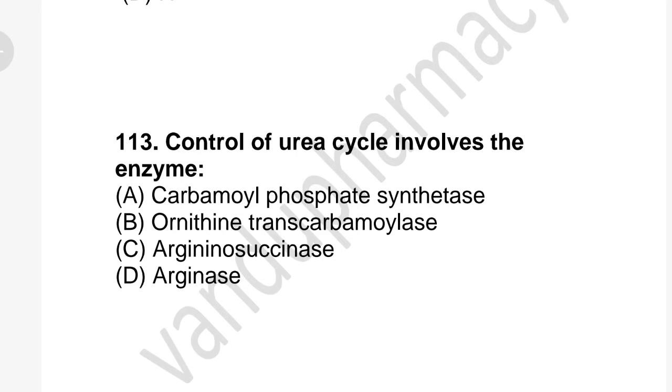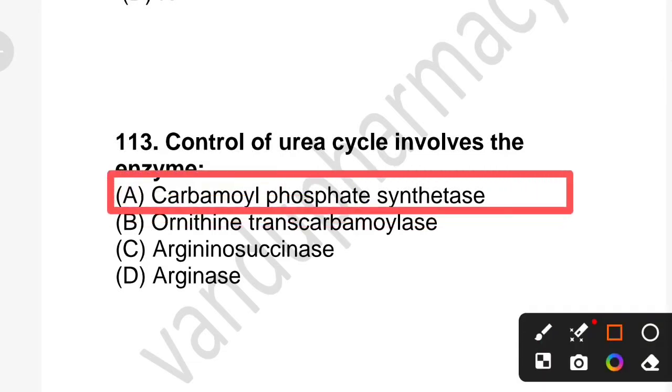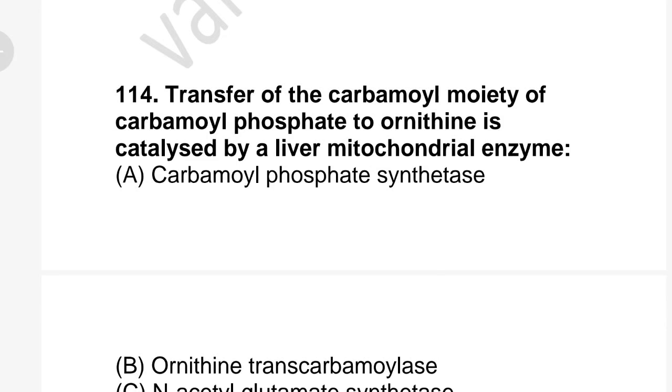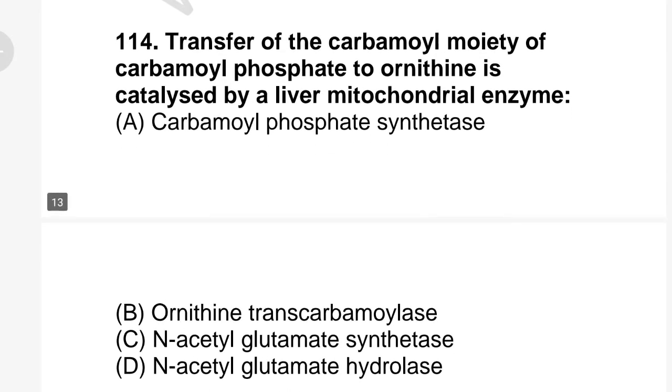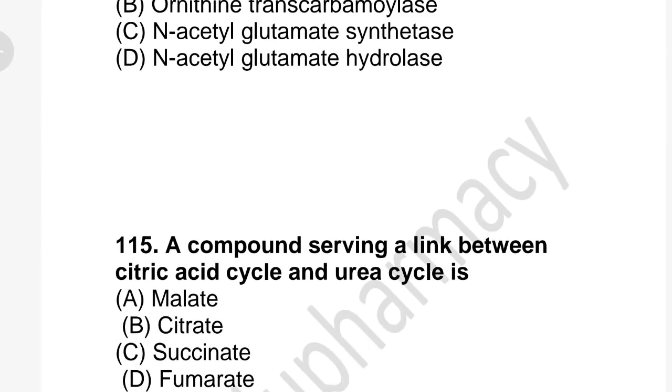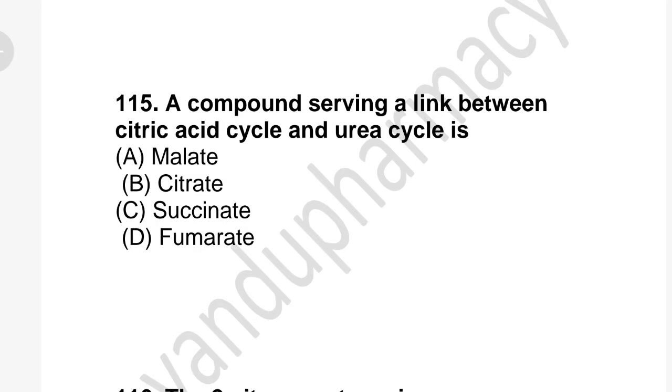Control of urea cycle involves the enzyme. A compound serving as a link between citric acid cycle and urea cycle is option A malate, option B citrate, option C cyclinate, option D fumarate.